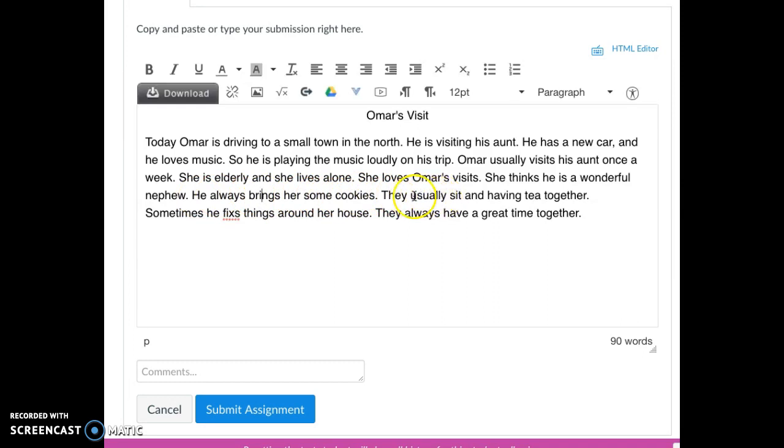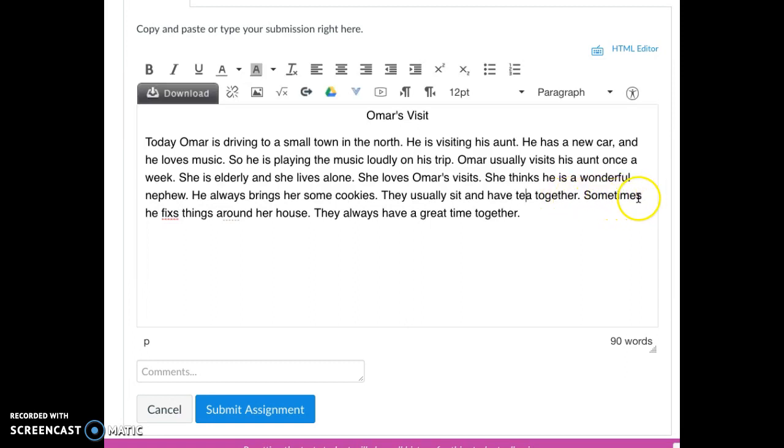They usually, okay, so this is going to be habit. They usually sit and having tea together. There are two habits here. They usually sit and they usually have. These two have to match, sit and have, both present tense.